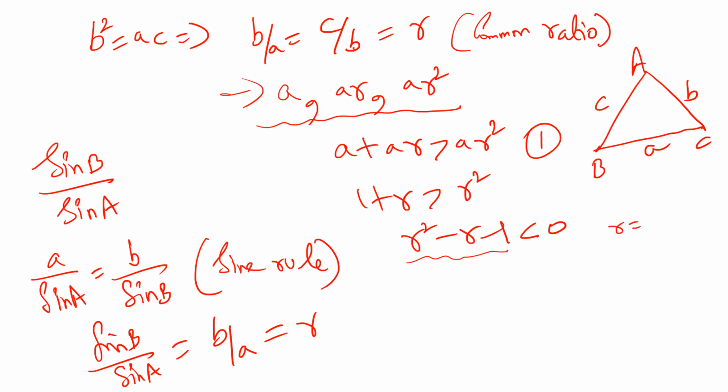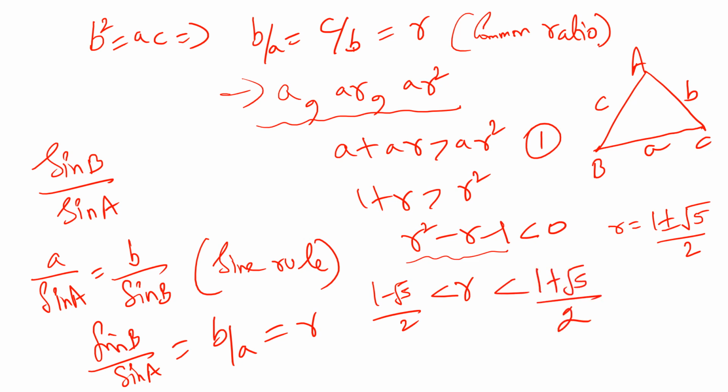So the value of r comes as minus b plus minus root of b square minus 4ac, over 2, which becomes 1 plus minus root 5 upon 2. So the value of r comes as greater than 1 minus root 5 by 2 to 1 plus root 5 by 2. Now students, obviously r is going to be positive because these are the sides of the triangle.